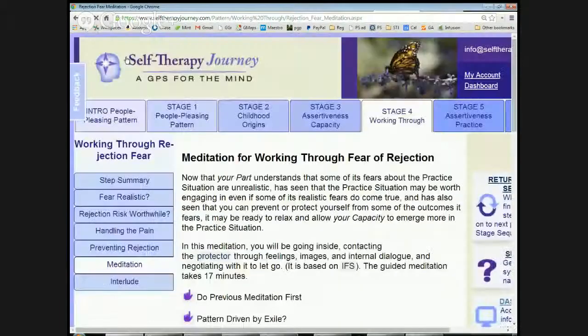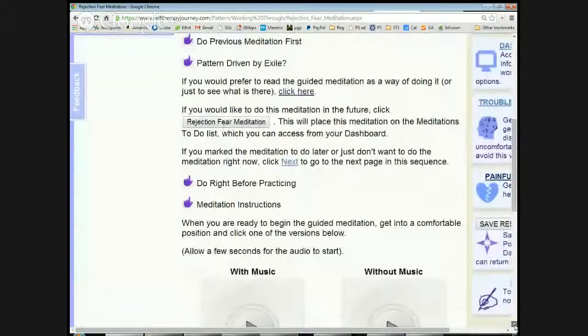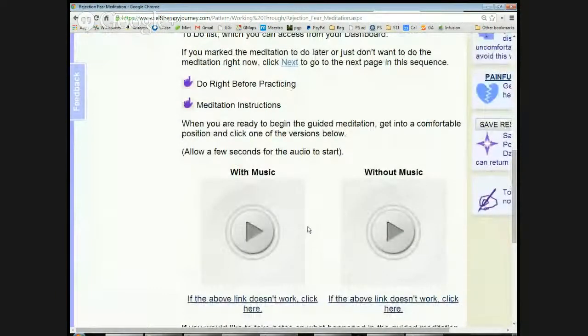Then we go to the meditation page, and now you can actually click on here and listen to a guided meditation where you go inside, reconnect with your people-pleasing part experientially using IFS, and reassure the part that nothing bad's going to happen in this situation if it doesn't please people, or if you do get rejected, you can handle it, or you have a plan for asserting yourself, or whatever it is.